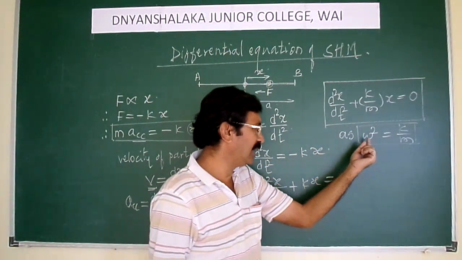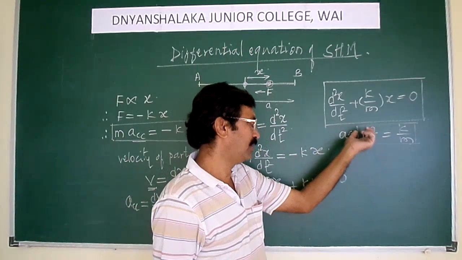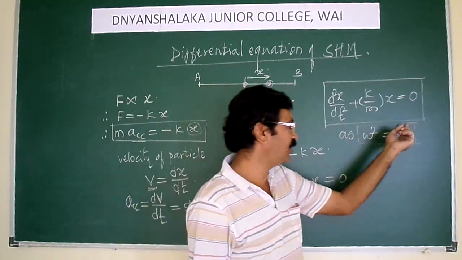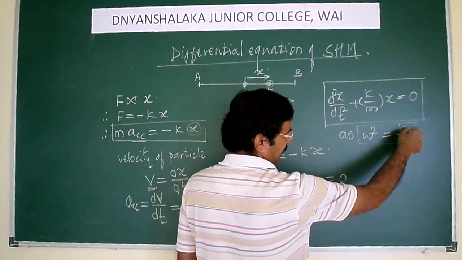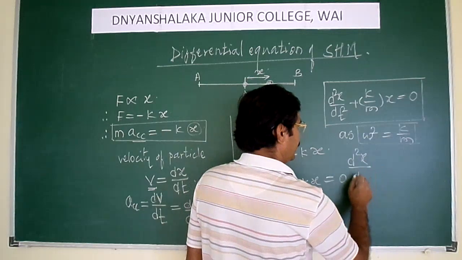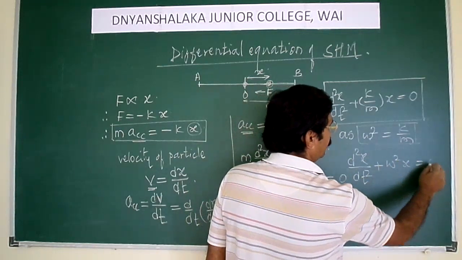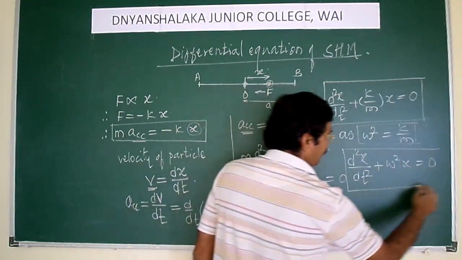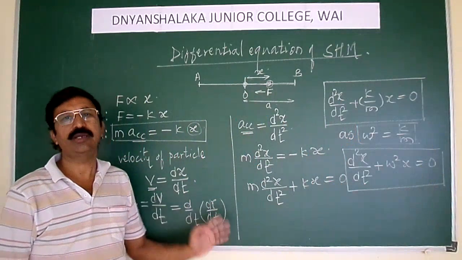At that time we will define how the angular velocity is related to k upon m, but right now we will take omega square as k upon m. So the expression d2x upon dt2 plus omega square x is equal to 0 is the differential equation of simple harmonic motion.